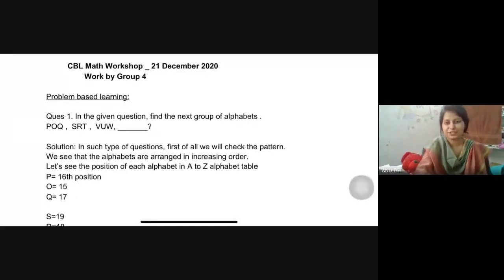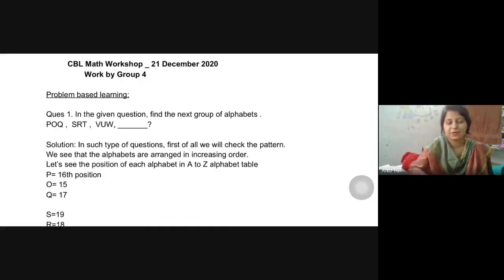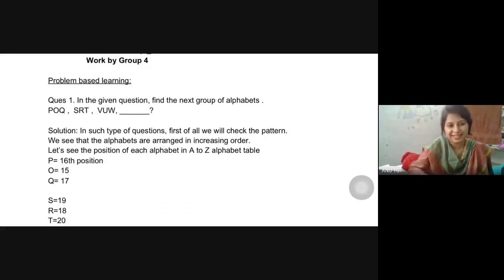As we see, such types of questions are asked of students in Olympiads and competitive exams too. I am going to discuss such questions because they are difficult for students of 6th, 7th, 8th class, as well as any other class. They are unable to do such questions and skip them most of the time.